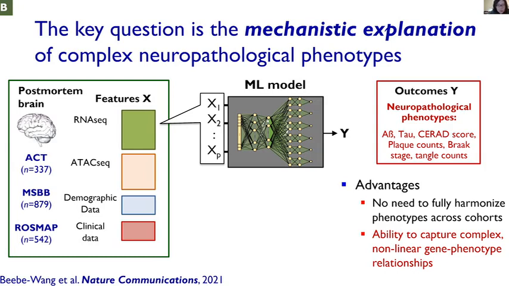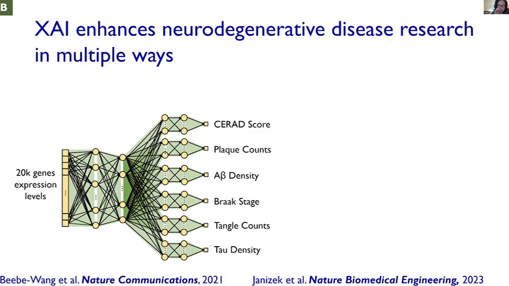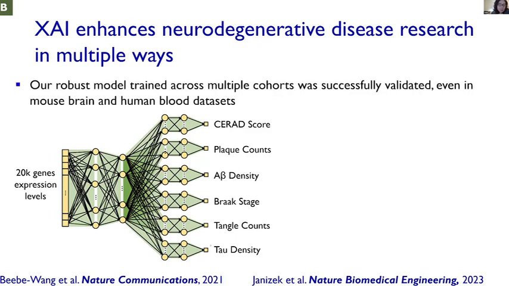And then the major advantage is that you can capture complex, nonlinear relationships between gene expression levels and the phenotypes. So again, the question is the mechanistic explanation of this complex relationship. And then XAI, explainable AI, improves this sort of analysis in multiple ways.